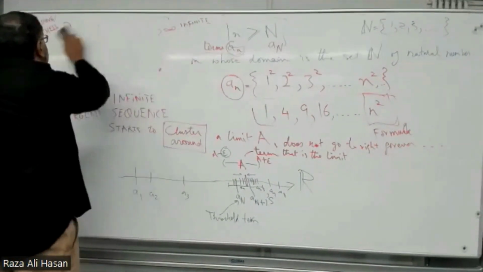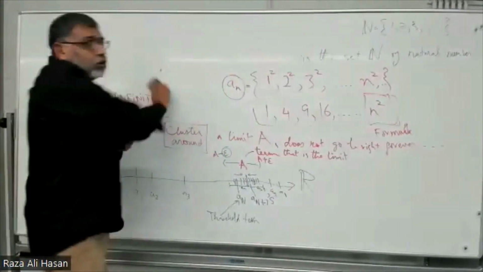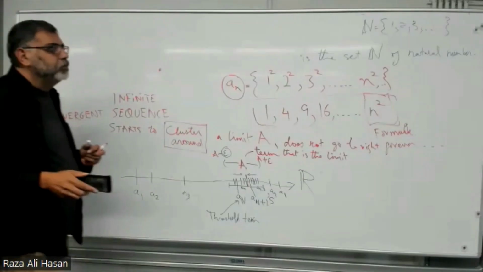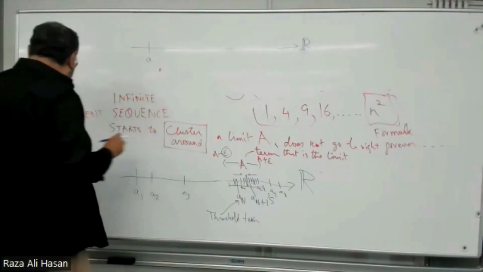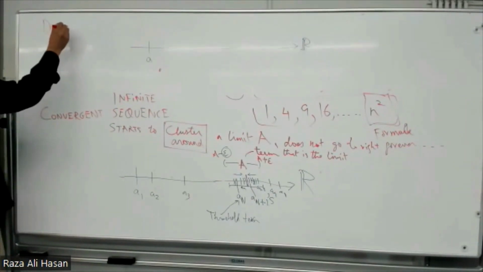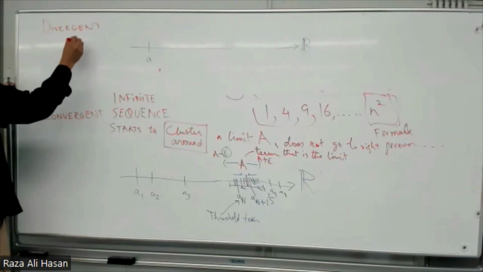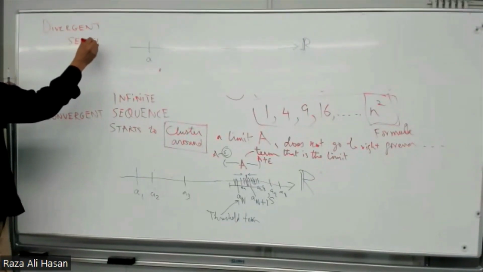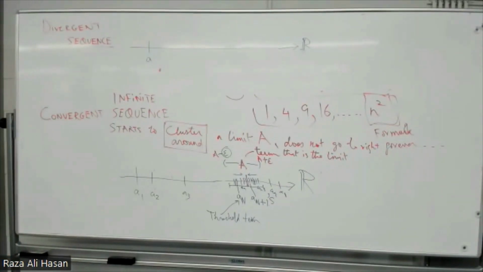So I'm going to erase this. And you can also refer to the PowerPoint I sent out, which has an example of a divergent sequence. A divergent sequence is a sequence that does not have a limit A.